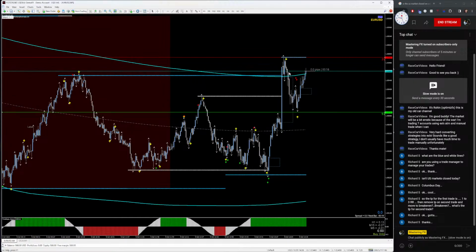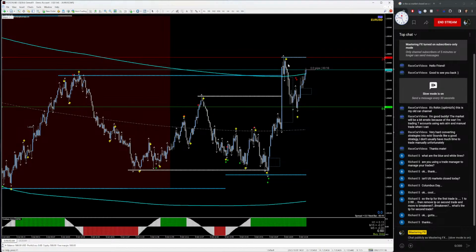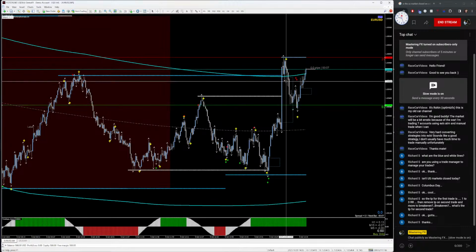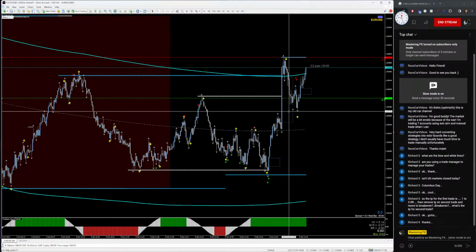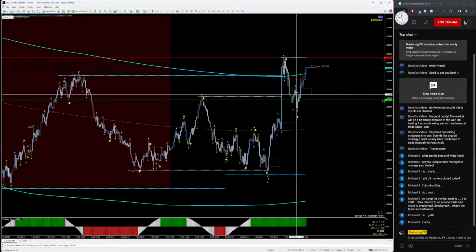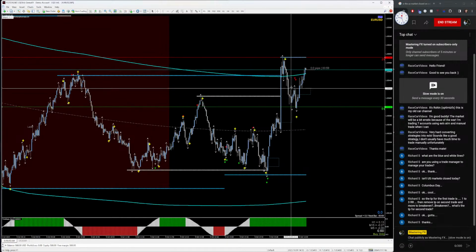If I trade a fair value gap, I want to see it developing before we break structure. And even if you don't consider that a break of structure, even though it's a fractal break, well, then we did not break structure at this point. So either way, I would not take this fair value gap.